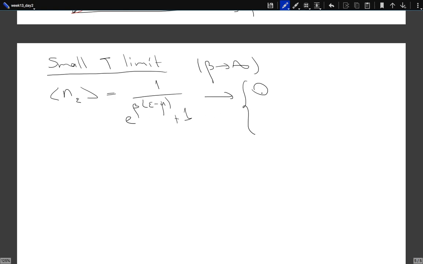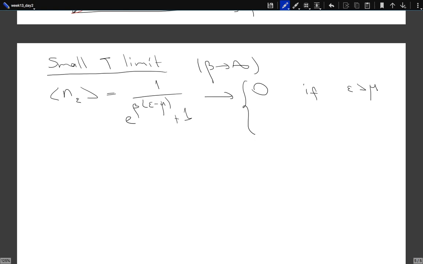So this number goes to 0 if epsilon is larger than mu. So none of the states that have an energy higher than mu is occupied. There are no particles there.